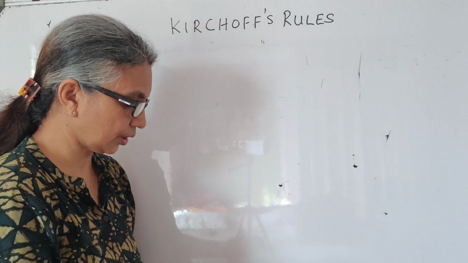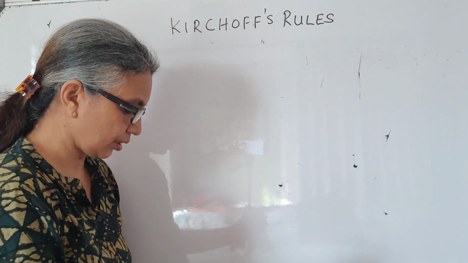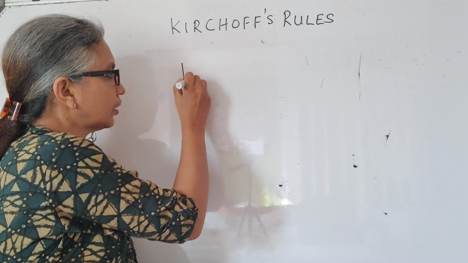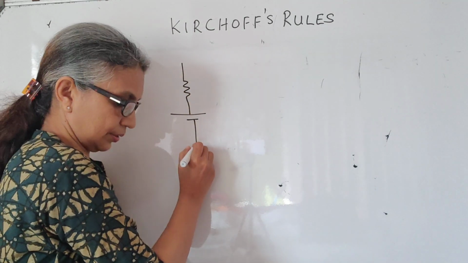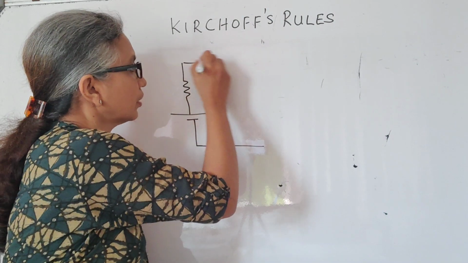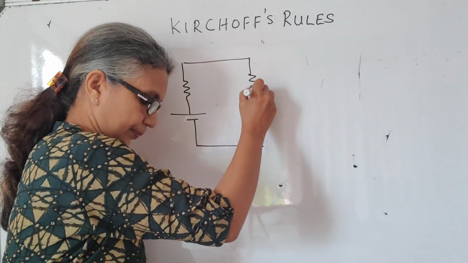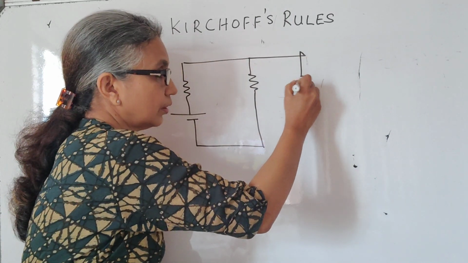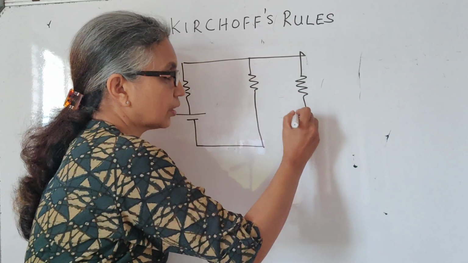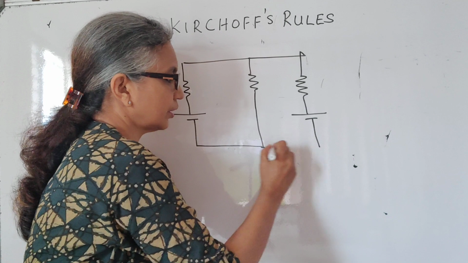I am showing you a circuit where we have a resistor connected to a cell like this, and then another resistor, and then a third resistor connected to another battery.